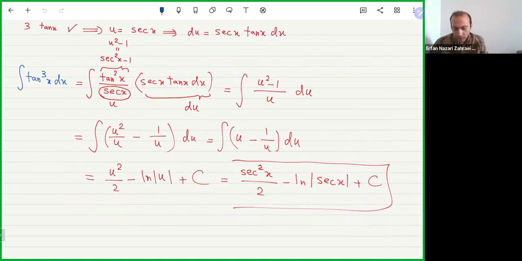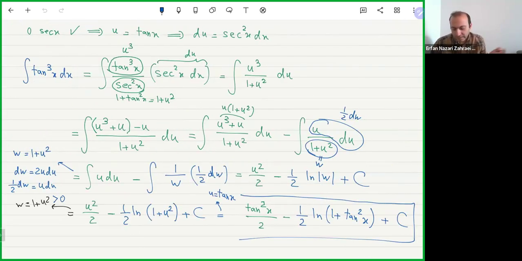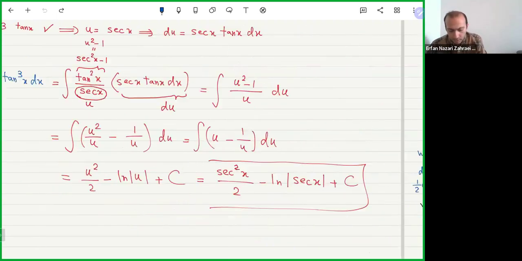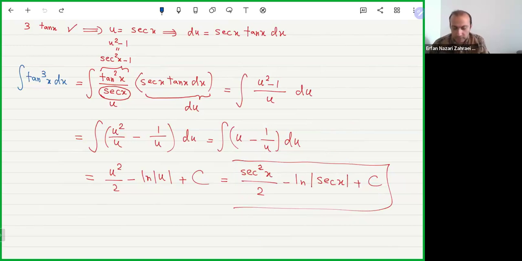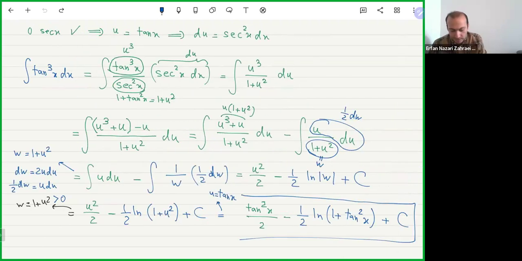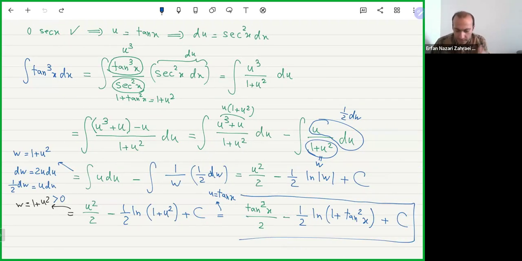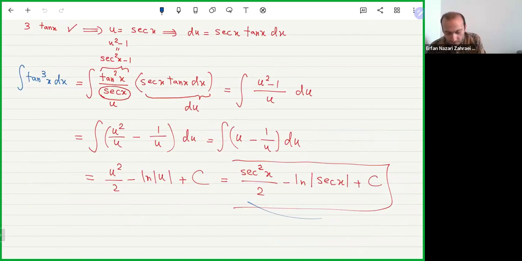And actually, it's a nice exercise to check why these two are both correct answers. That means if this is a correct answer, this is also a correct answer. That means that both this term and this term are antiderivatives of what we are looking for. So these two should be the same up to a constant.